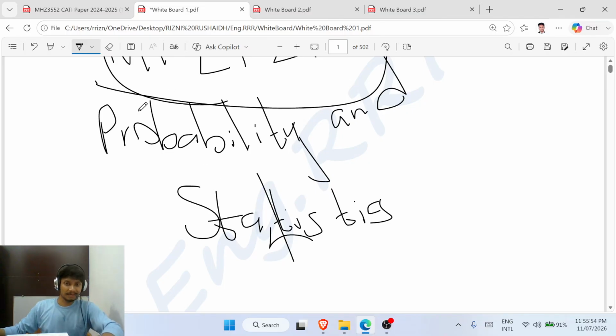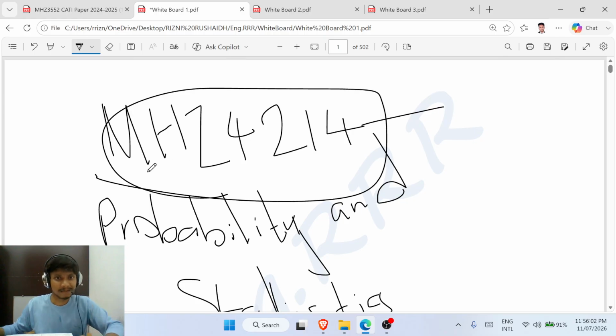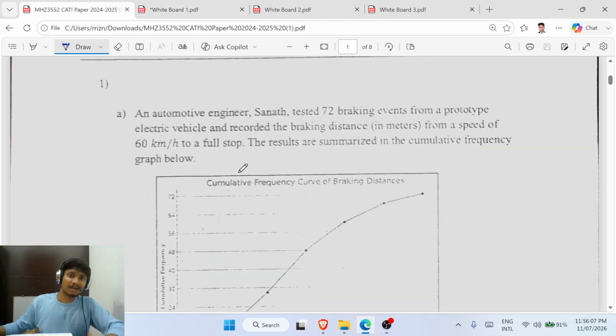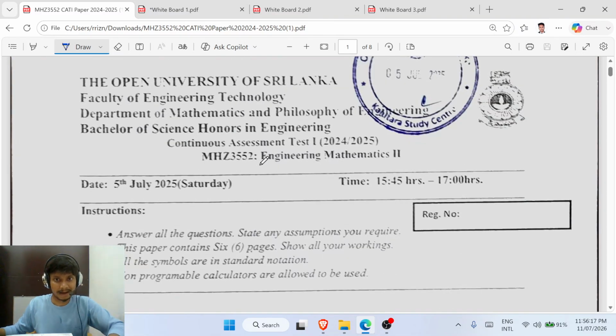Now we are going to face the MHZ4214 CAT 1 exam. Our sir, Mr. Silva, gave us this past paper for reference for the CAT 1 exam.